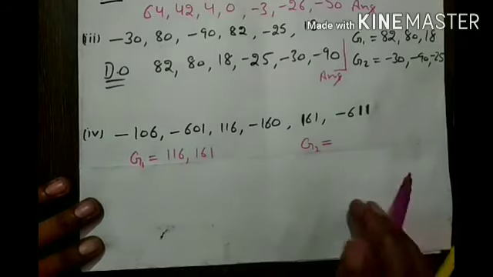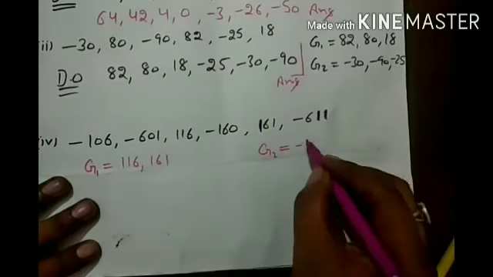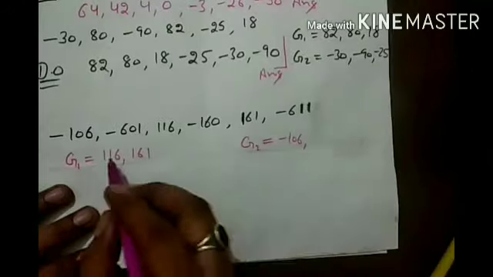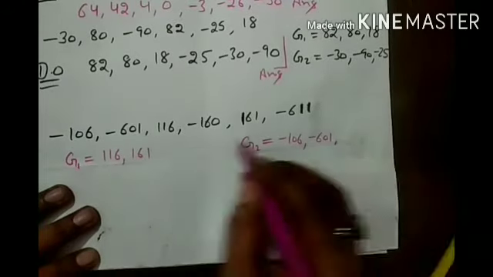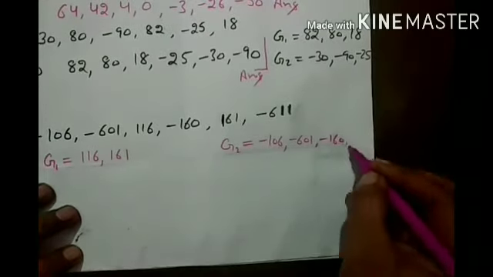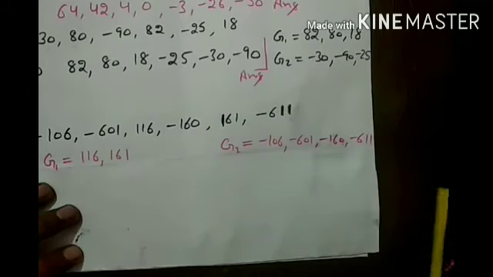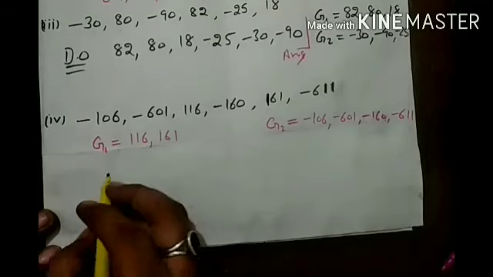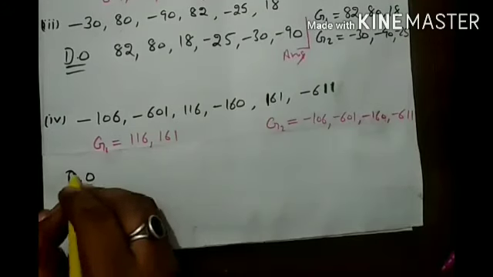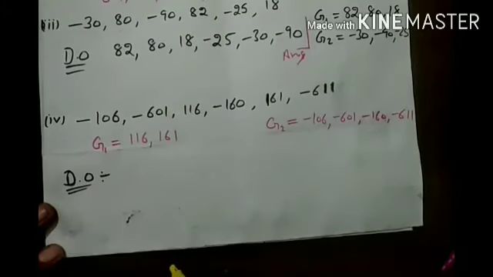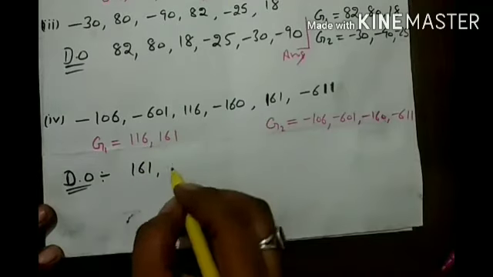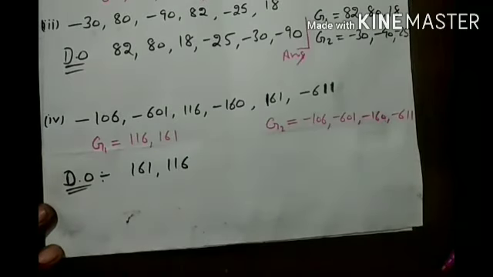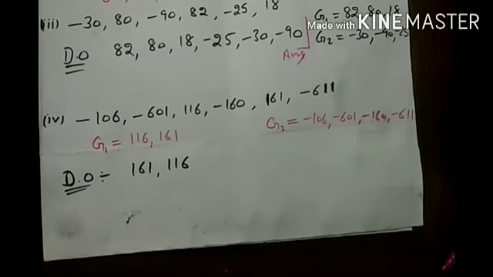And how many negative integers are there? -106, -601, -160, -611. Now in descending order, the greatest is 161 and the smallest is 116. Now the question is in group 2 that includes negative integers.